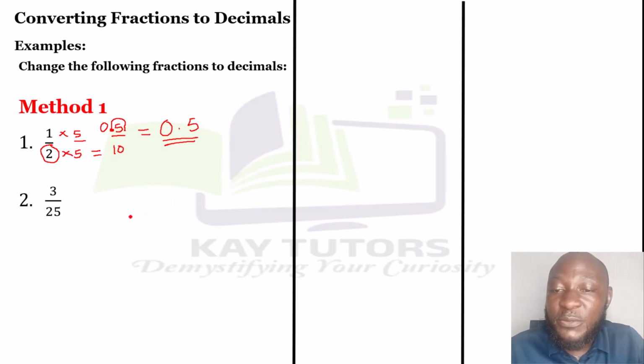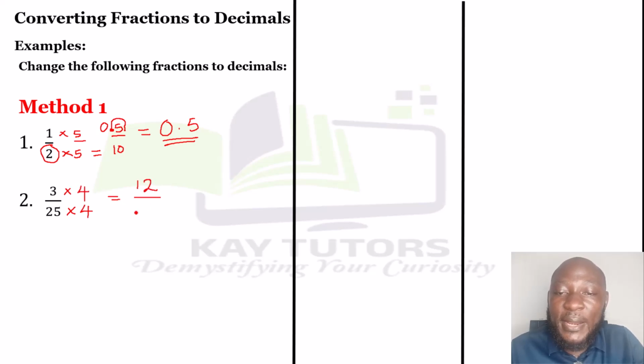Here we have 25. What can I multiply by 25 to give me 100? I can multiply 25 by 4. And whatever I do to the denominator, I'll also do to the numerator. So here I have 12 over 100. So I have 2 zeros here.